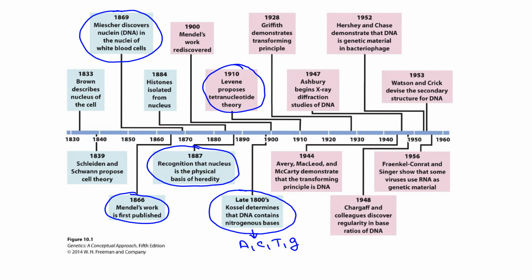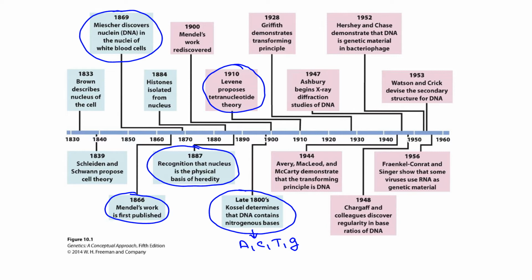What does it mean? The tetranucleotide hypothesis states that DNA consists of a series of four nucleotide units, and each unit contains all four bases in a fixed sequence. So basically, if you imagine that, it would mean that every organism has the same genetic information.